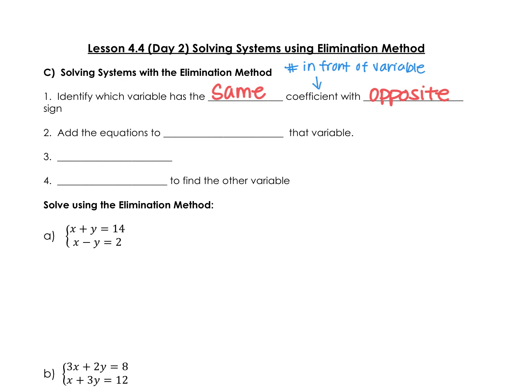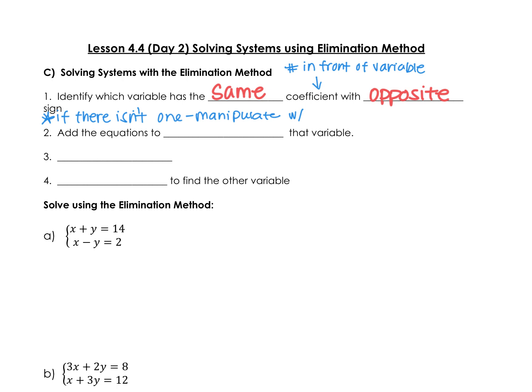Sometimes there won't be a variable with the same coefficient with an opposite sign. So if there isn't one, we will manipulate. Isn't one meaning same coefficient with opposite sign.